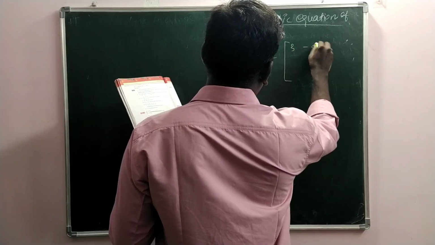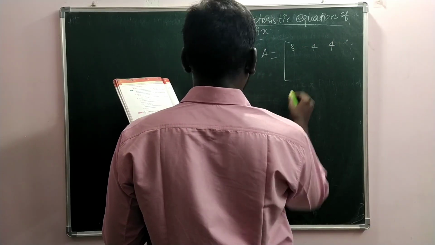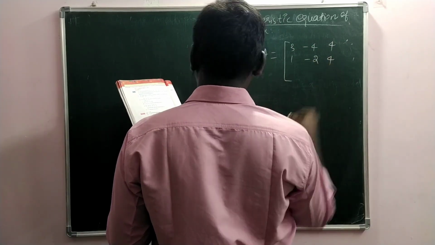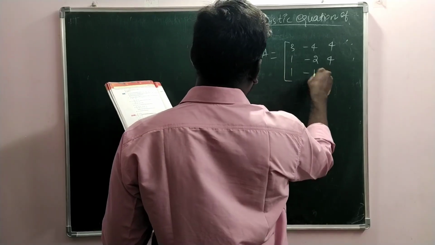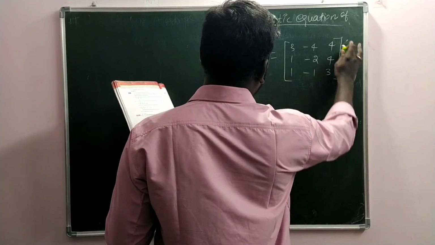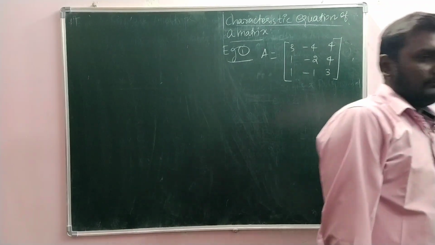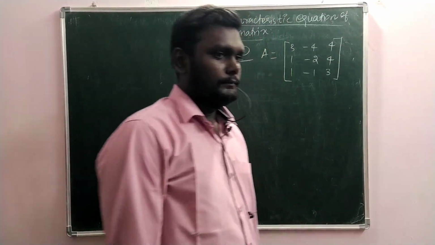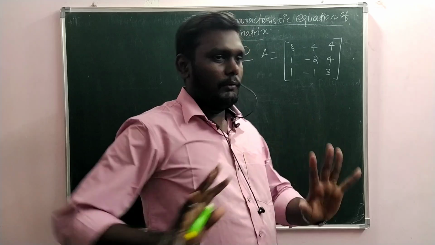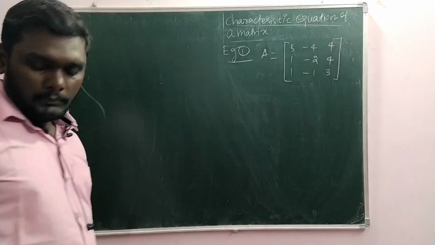Say this is the matrix with rows 3, minus 4, 4; 1, minus 2, 4; 1, minus 1, 3. Okay, so we should find the characteristic equation. In both ways we have to find it. Okay, for the first question, just to give you an idea, that is it.